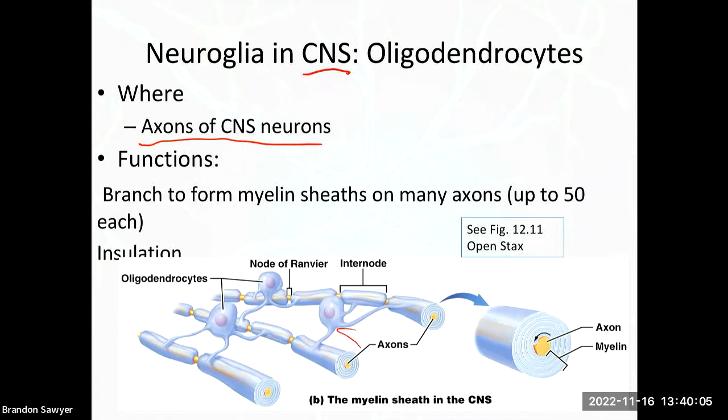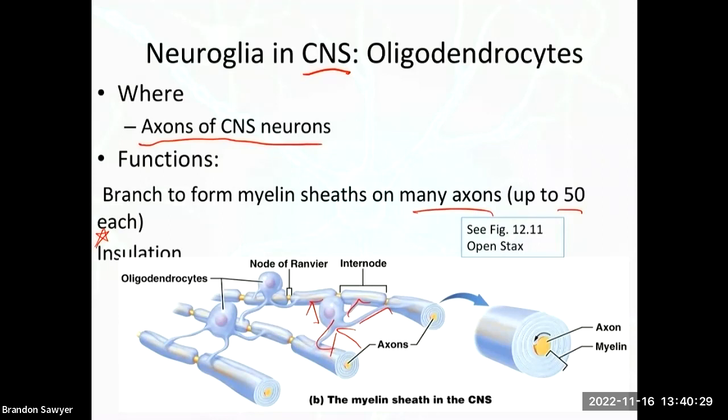We can see here that this one has multiple arms reaching to different axons, providing myelin to a bunch of them. So they branch to many axons, up to 50 by one cell. And then they provide insulation just like the Schwann cells do.